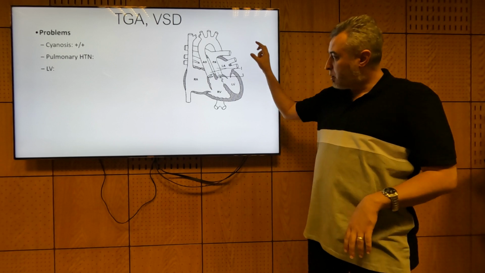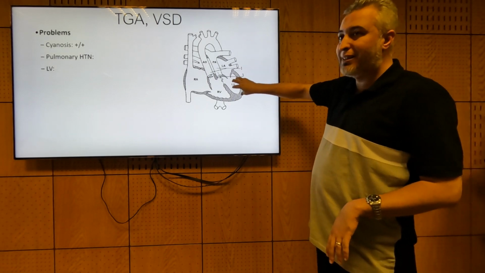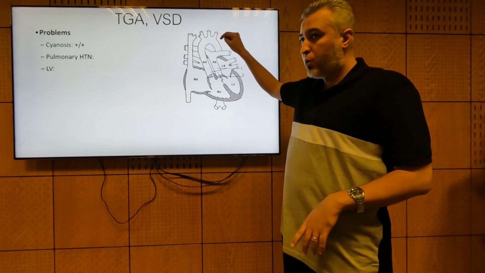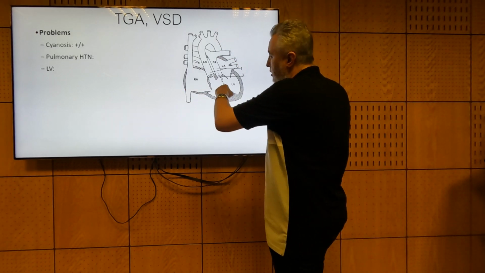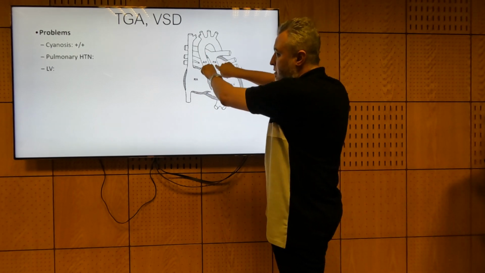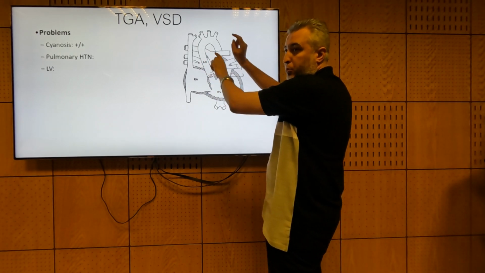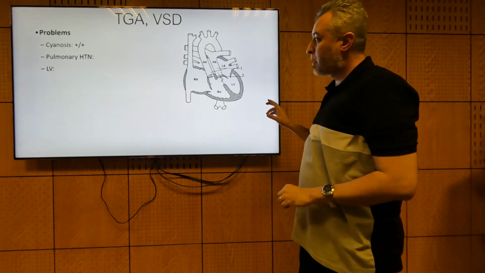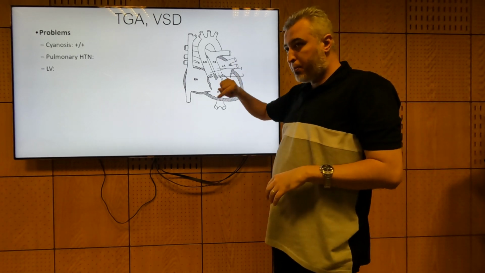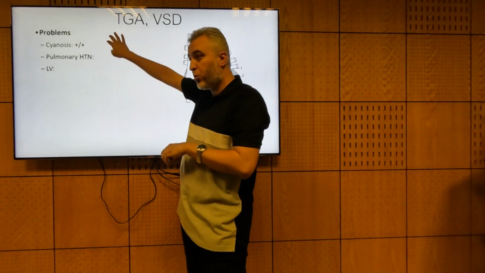Blood that comes into the LV, predominantly oxygenated, will go very quickly into the pulmonary artery, while the blood in the RV in systole gets pushed into the aorta, and you still get different saturation in the aorta and pulmonary artery.